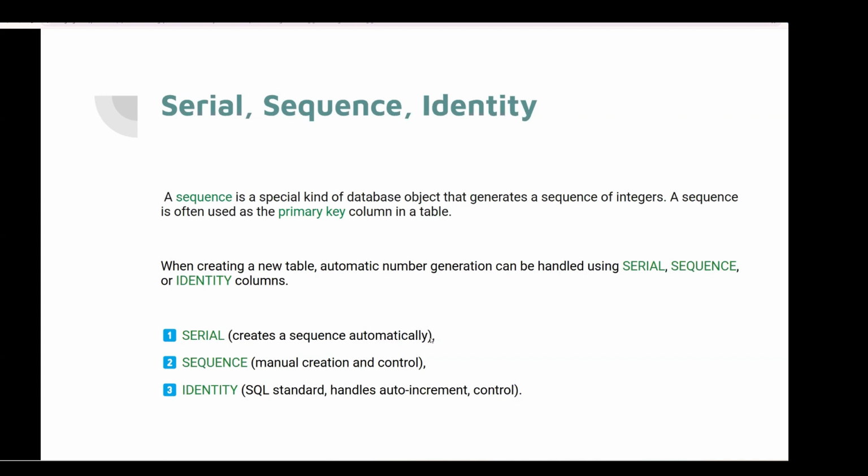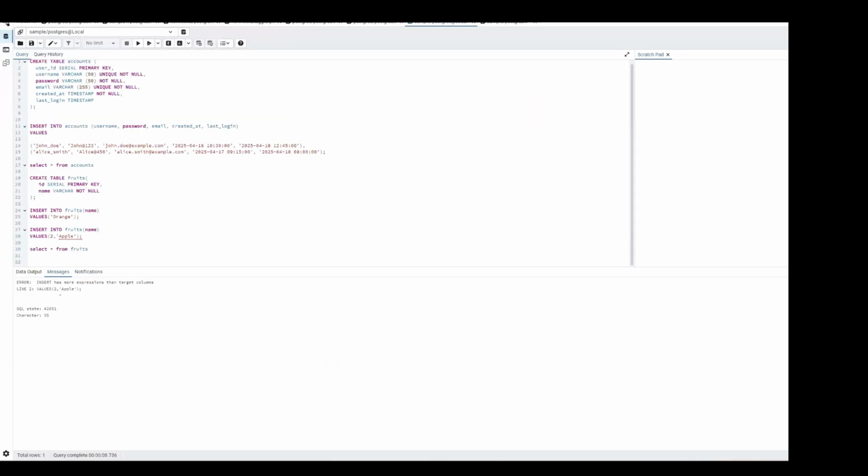But we have to manually create a sequence. In serial, we didn't create anything manually; we just specified ID is serial. But here we have to manually create a sequence and we have control over what number to start from and the incremental value. Let's see that.